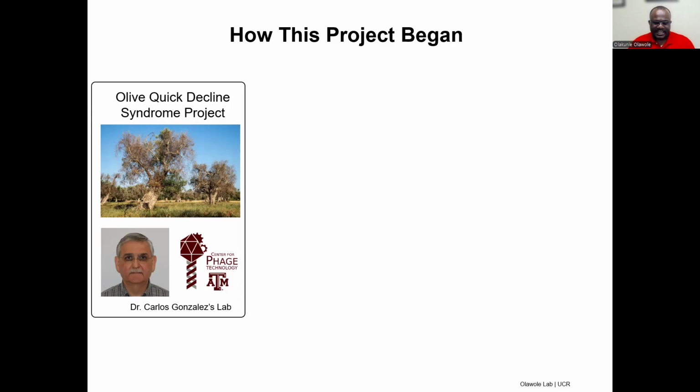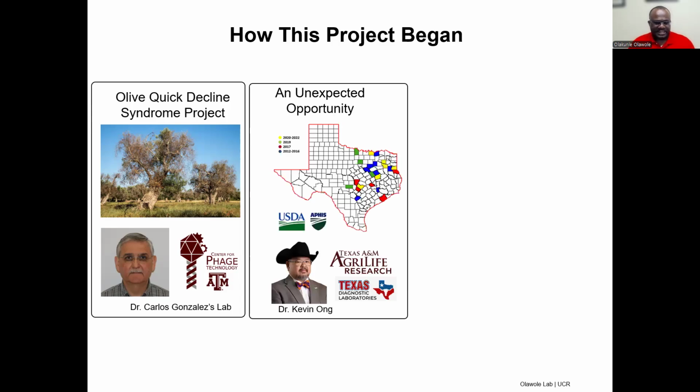One day, Kevin Ong, who at the time was the head of the extension department and also the director of the Texas Diagnostic Laboratories, walked into my lab and explained that Texas had repeatedly detected Xylella in plum orchards through a USDA-funded National Stone Fruit Survey.